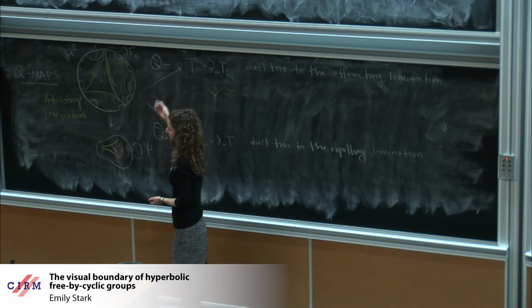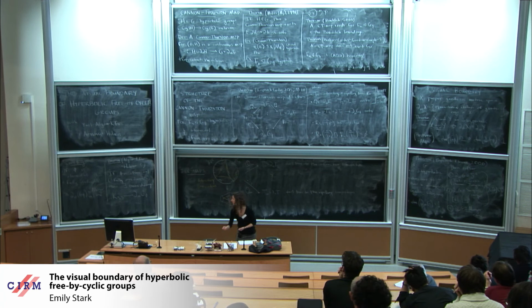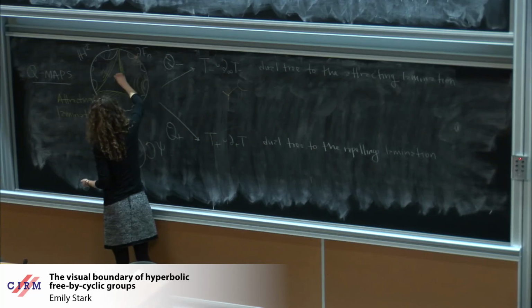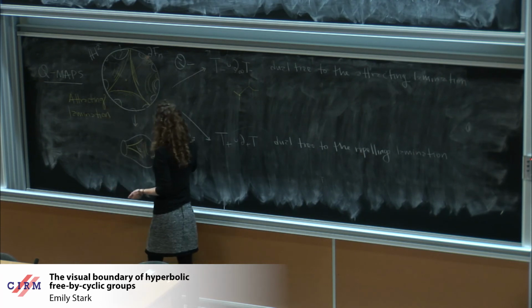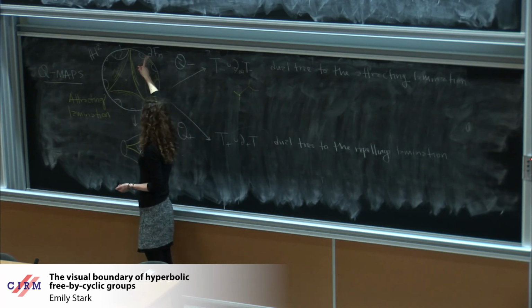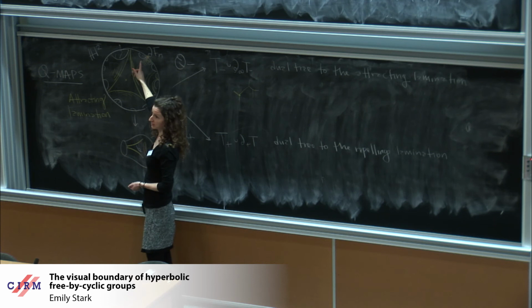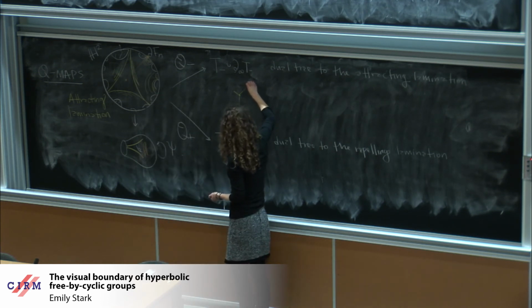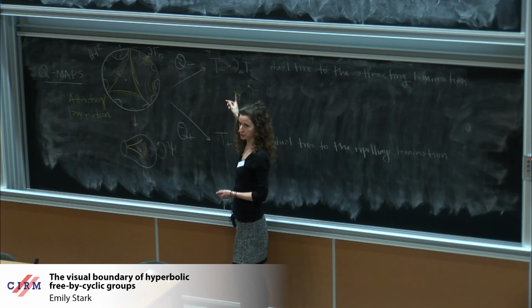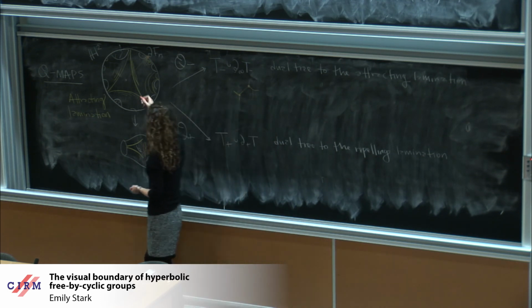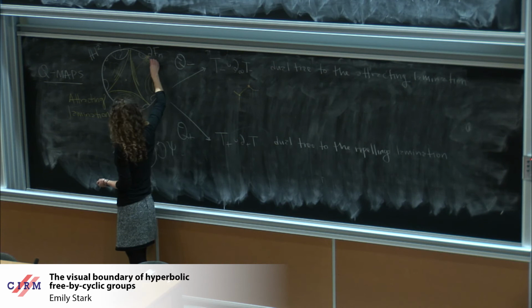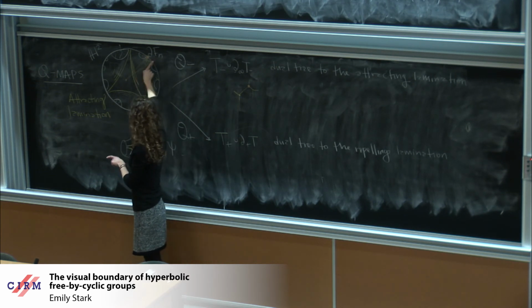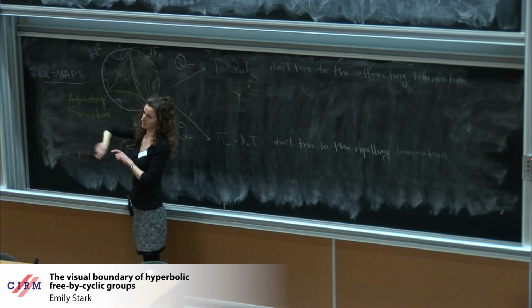And then what is the Q map? So you pick a point on the boundary of the free group. And there are 2 possibilities. Either this point is the end point of some leaf of the lamination, in which case that point on the boundary maps to the corresponding point in the tree. Or you've chosen a point on the boundary of the free group so that the ray to that point passes through infinitely many leaves.